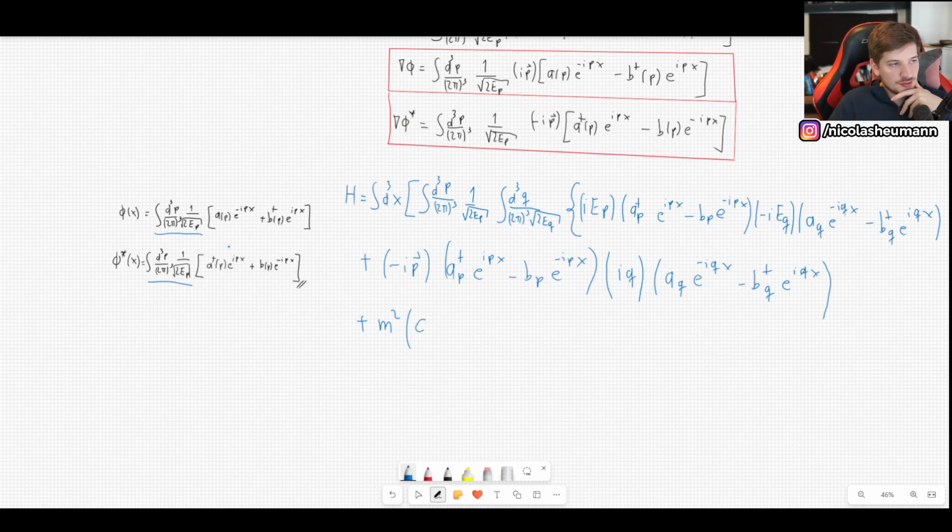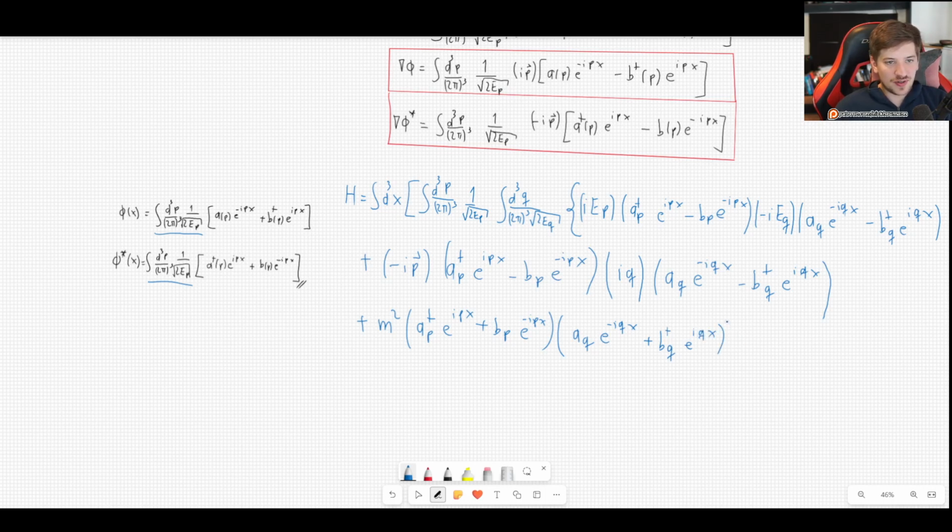First with the conjugate, that would be a dagger_p e^(ipx) plus b_p e^(-ipx). And then we have the other part, which is going to be with q's now. That's going to be a_q e^(-iqx) plus b dagger_q e^(iqx).